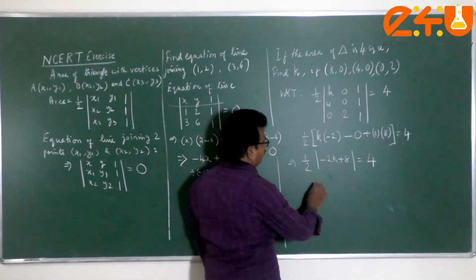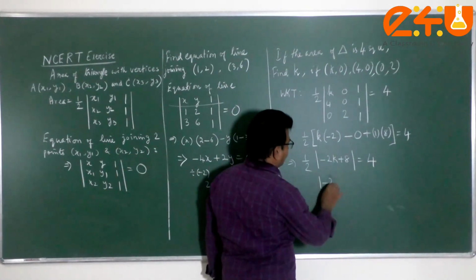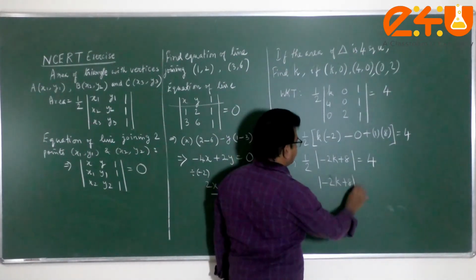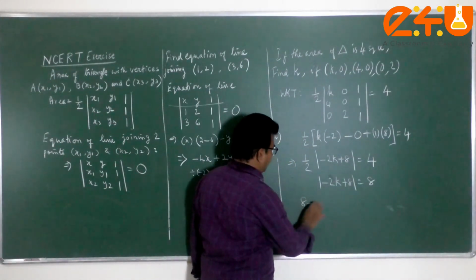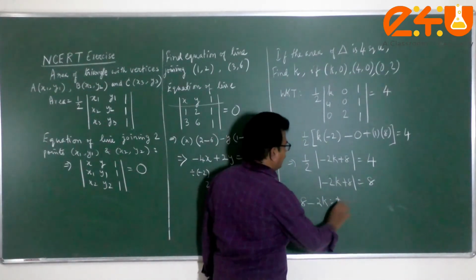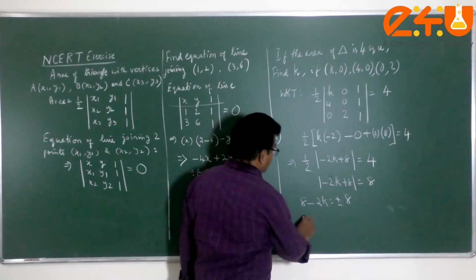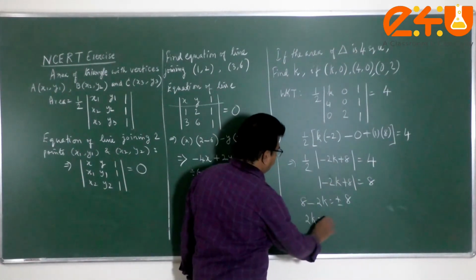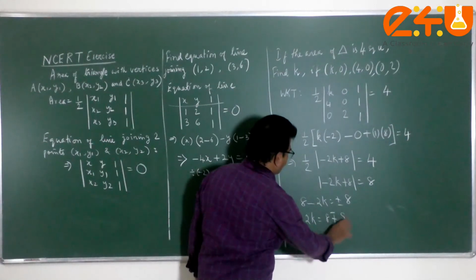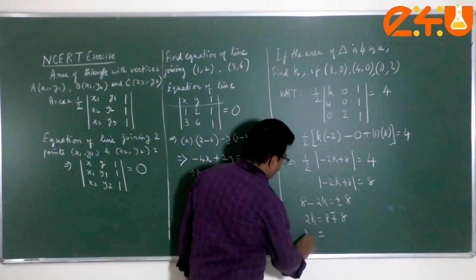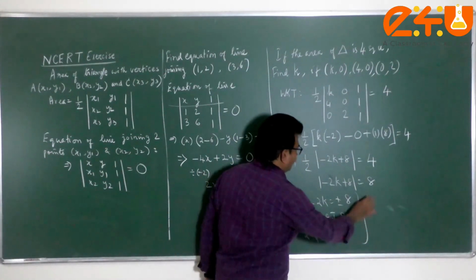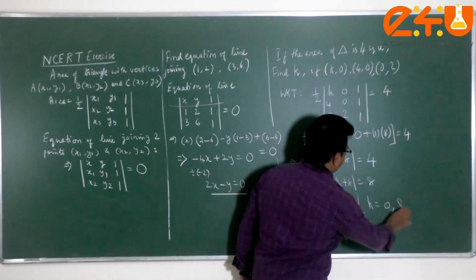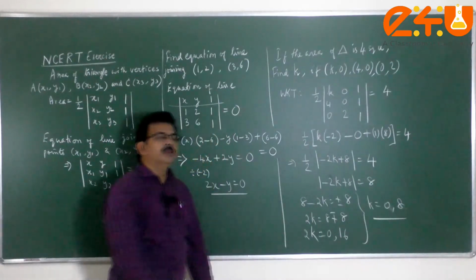So negative 2k plus 8 happens to be plus or minus 8. 8 minus 2k is plus or minus 8. So 2k is 8 minus or plus 8. So 2k is either 0 or 16, which means k is either 0 or 8.